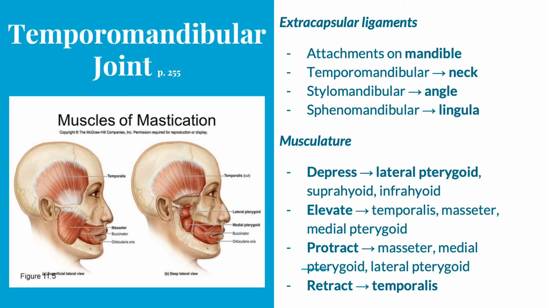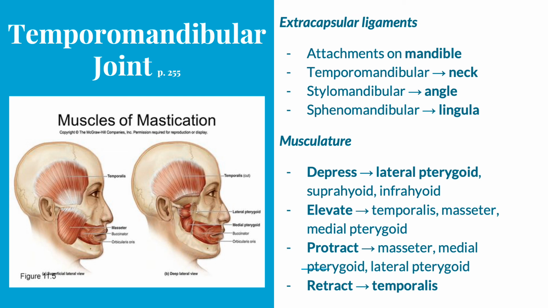Stylomandibular from the styloid process of the temporal bone to the angle of the mandible, and then the sphenomandibular, which goes from the spine of the sphenoid bone to the lingula. So I have that one marked as an NBQ, which I haven't taken part 1 boards yet because they've been canceled. But anyways, sphenomandibular is going to go to the lingula of the mandible. I think they like to ask questions about lingula.